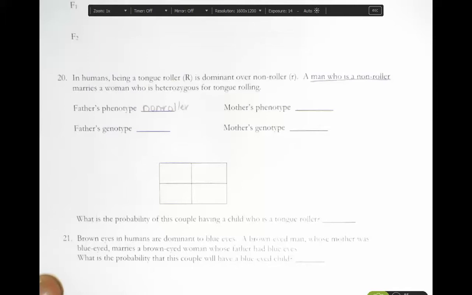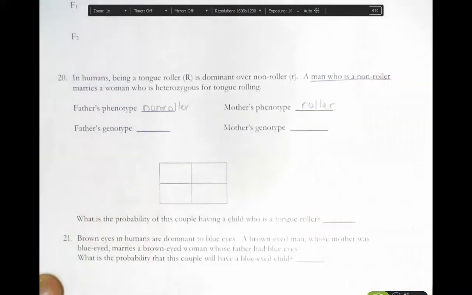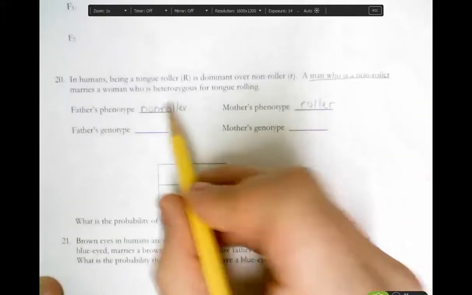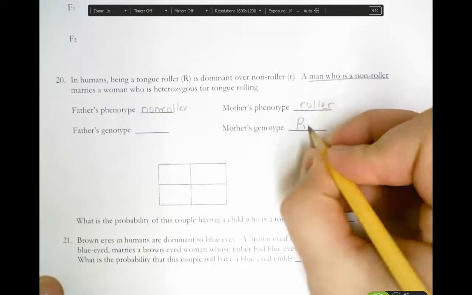Mother's phenotype. It says he marries a woman who is heterozygous for tongue rolling. What is her phenotype? She can roll her tongue, right? Because she's heterozygous and tongue rolling is dominant. So that makes it really easy because it tells us she's heterozygous for her genotype. We know she is uppercase R, lowercase r.